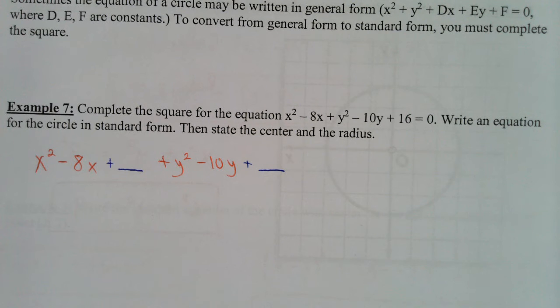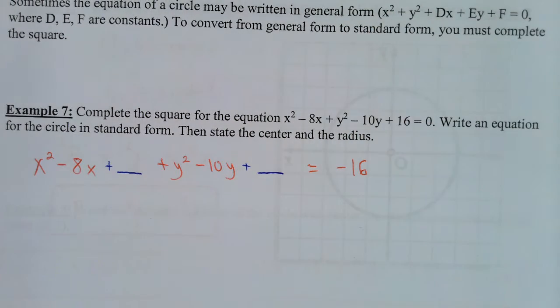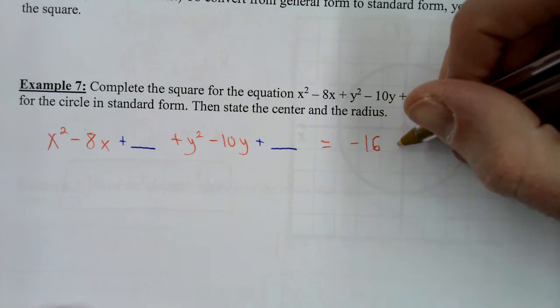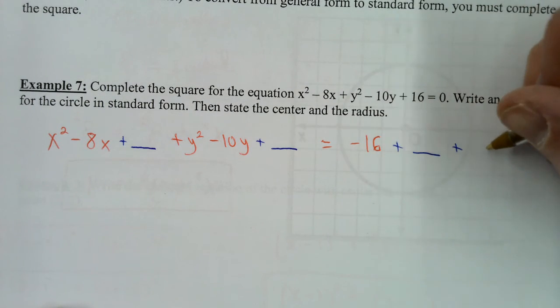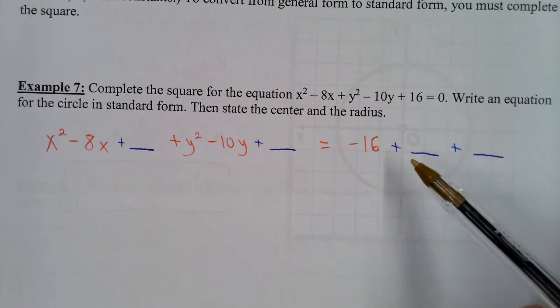And you're going to bring the constant over to the other side of the equation. So negative 16. The reason why I have you put the plus blanks is so that you remember to add them to the other side of the equation also. Whatever you add to one side, you also have to add to the other.